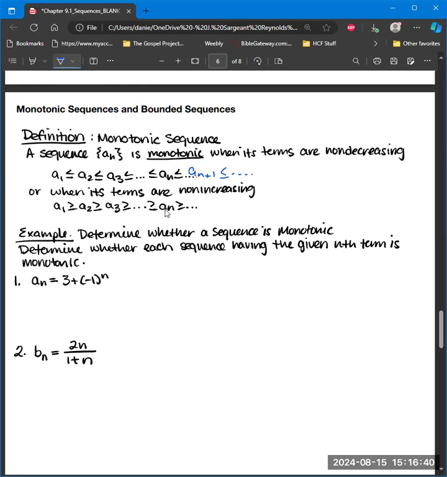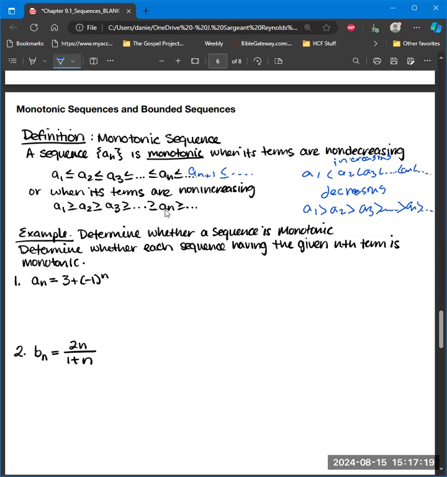Lots of times we want to talk about something that's just strictly monotonically increasing. If we say it's monotonically increasing, we won't have the equal to's here. We'll say a1 is less than a2 is less than a3, and so on, a n. If we say it's monotonically decreasing, then a1 is greater than a2 is greater than a3 is greater than a n.